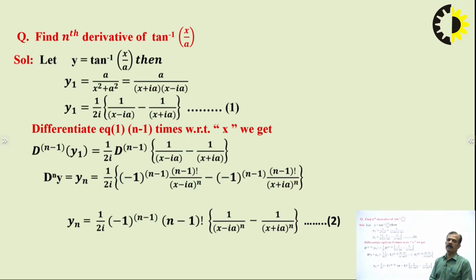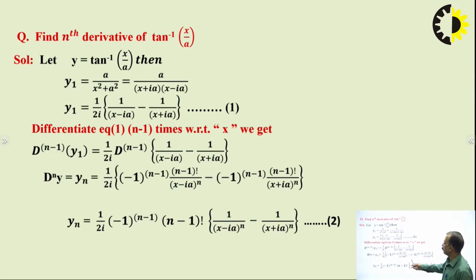This is the value of the first derivative, but we want to find the value of the nth derivative. So we differentiate equation 1 n minus 1 times with respect to x, that is, we operate d^(n-1) on both sides. So d^(n-1) of y1, that is yn, equals 1 upon 2i into d^(n-1) of 1 upon x minus ia minus d^(n-1) of 1 upon x plus ia.